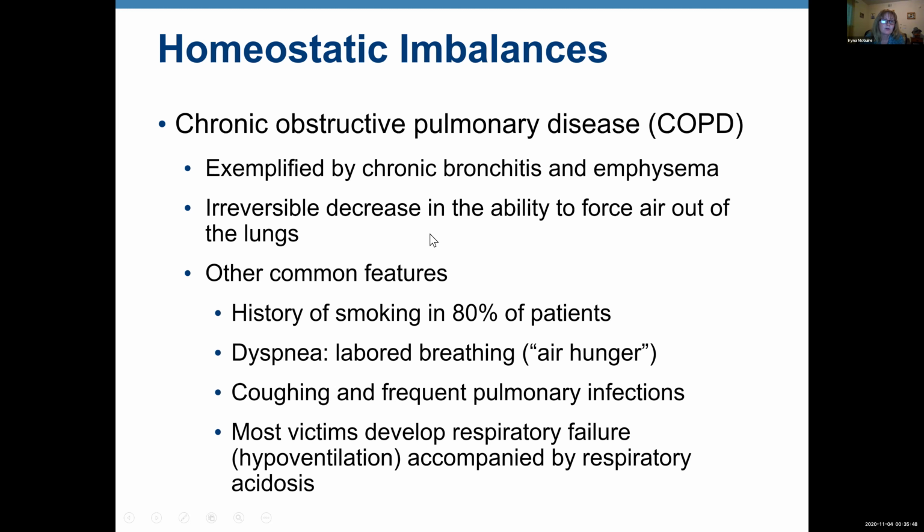Okay, and very quickly, because it's a long lecture, 70 slides, some homeostatic imbalances. Chronic obstructive pulmonary diseases, or COPD, and two examples are bronchitis and emphysema. It's an irreversible decrease in the ability to force air out of the lungs.